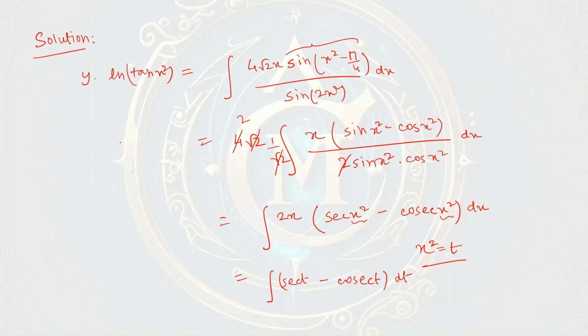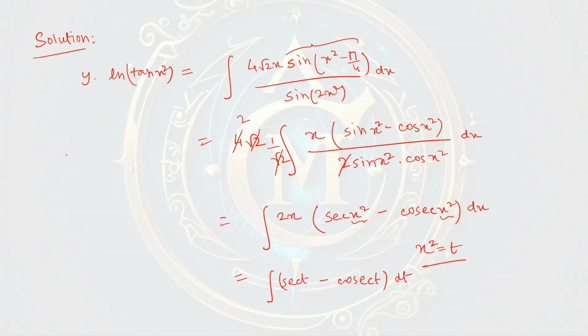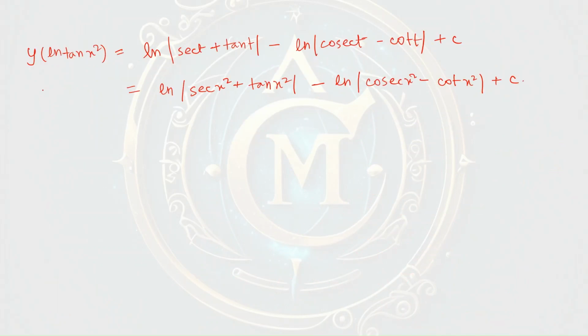Now we are given that this passes through the point root of pi by 6 comma 1. That means we have to satisfy this equation with x value as root over pi by 6 and y value as 1. We get y times, y is 1, so 1 times log of tan of pi by 6, which is log of 1 by root 3, is equal to log of secant of x square, which becomes 1 over cos of pi by 6, so 2 by root 3.